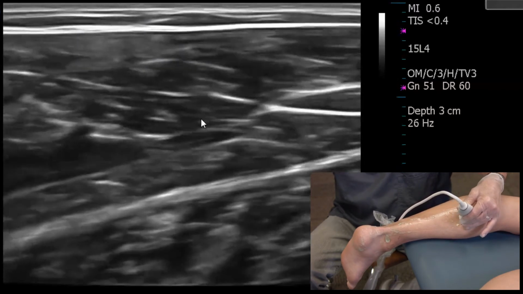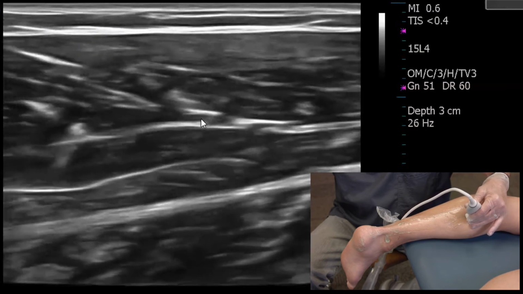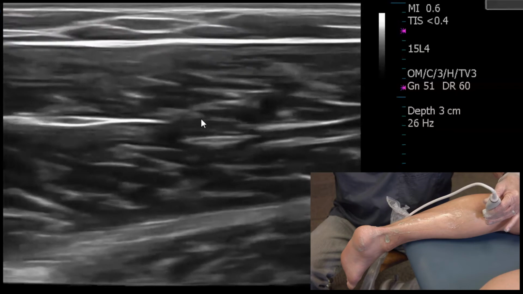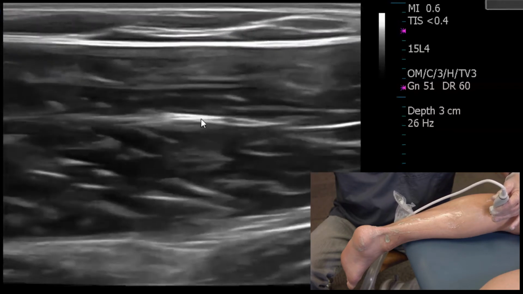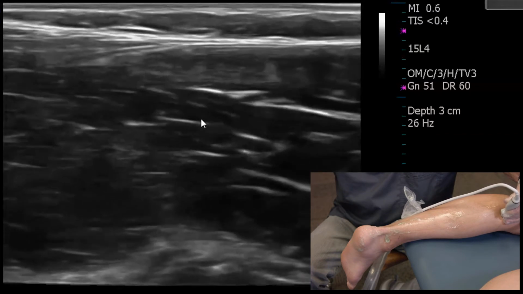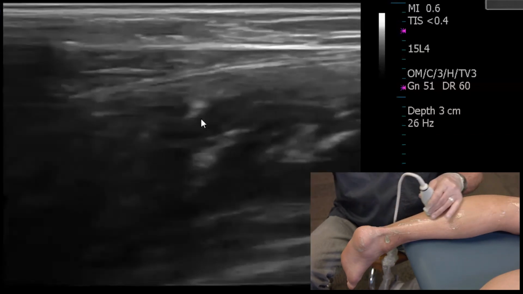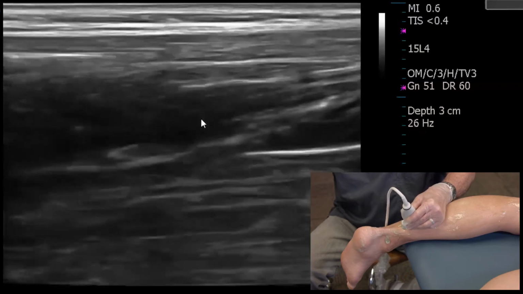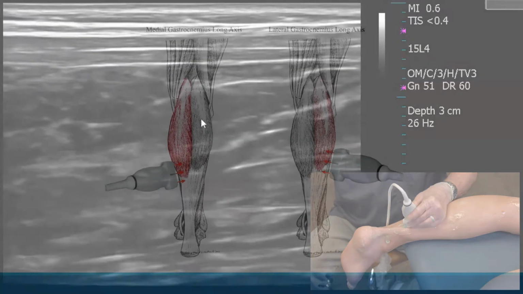Once I go up to medial gastroc, I follow it all the way up into the knee joint area. From there, I go back to the mid portion of the Achilles tendon.